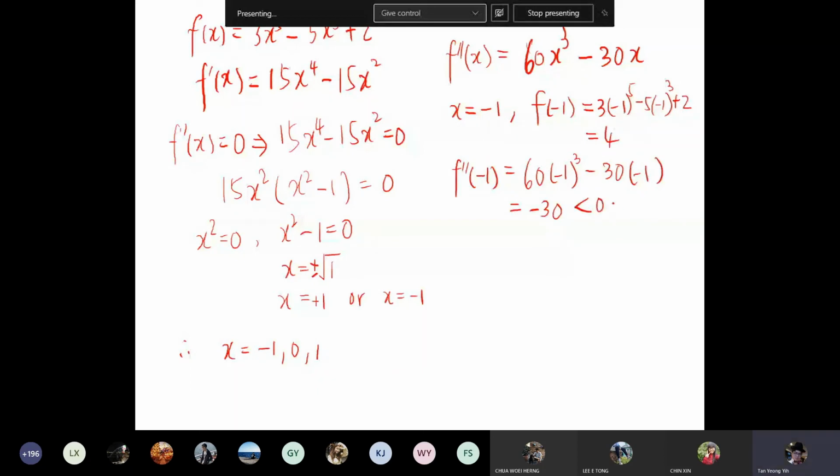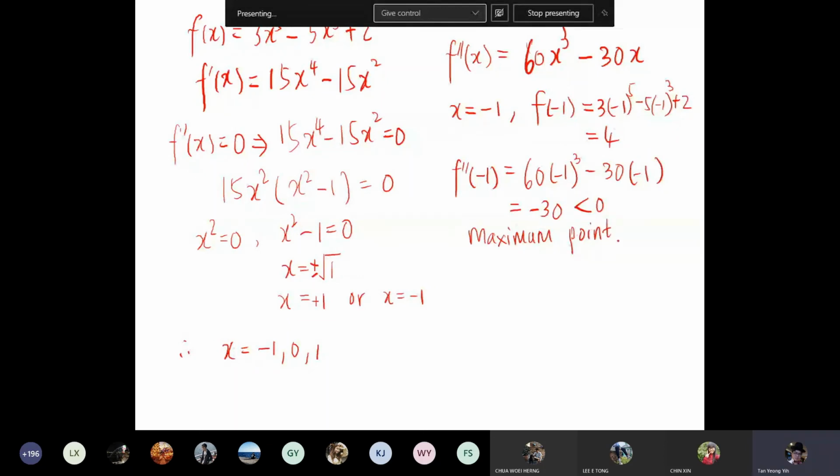So what point is this point? The second derivative shows negative. It's a maximum point. Yeah, good. So this is a maximum point, or we say relative maximum.